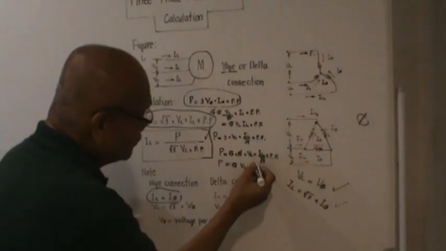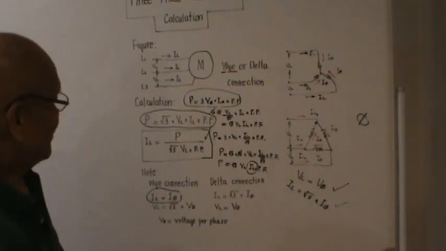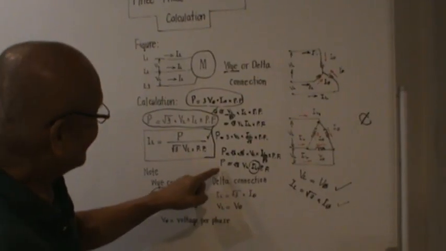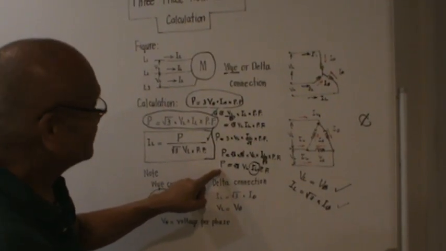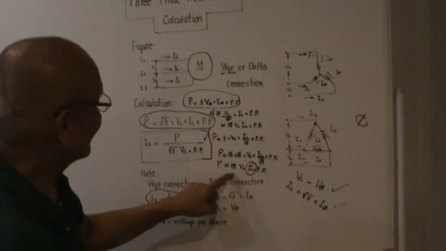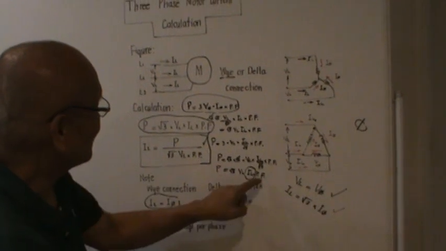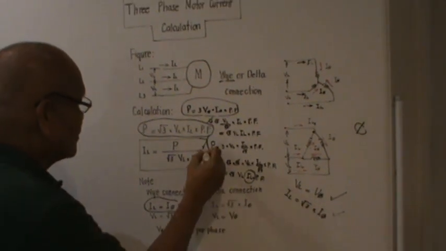So if we now try to compute for the current consumption for a delta connection, as you can see, the numerator will be true power. The denominator will be square root of 3 times voltage line to line times power factor. It is the same as this one here.